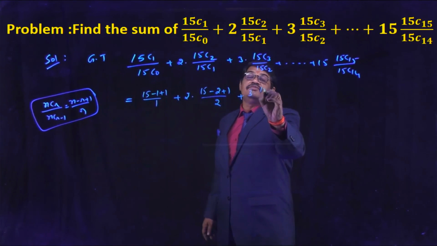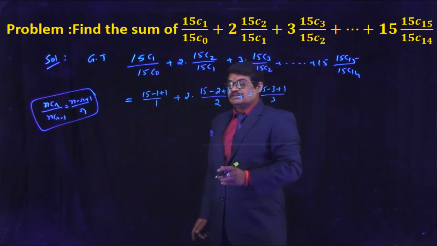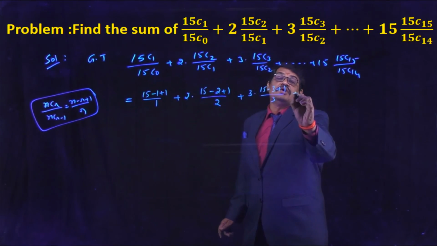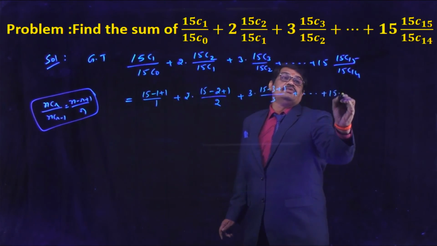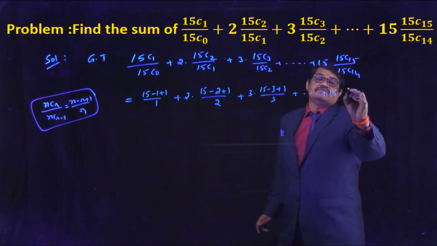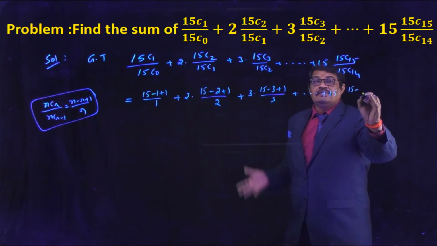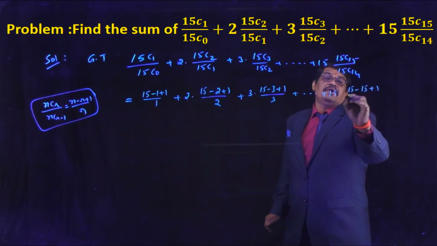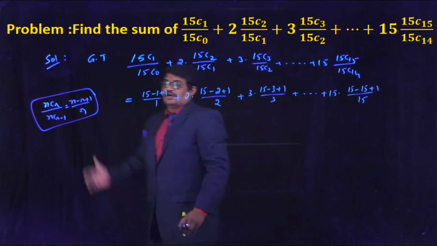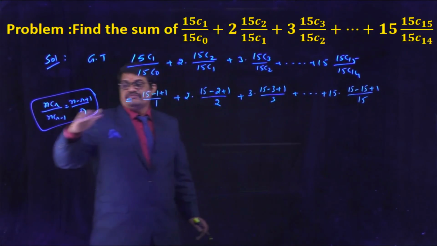Now every term is written in this form. That is 15 minus 3 plus 1 by 3. Here R is 3, R minus 1 is 2 and so on. 15 into 15C15 by 15C14, here also NCR by NCR minus 1, that is 15 minus 15 plus 1 by 15. Now each term we are writing using this formula.